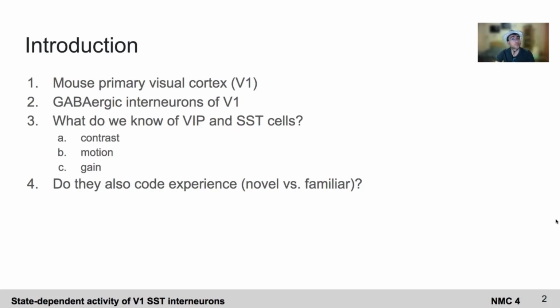And usually they're better in low contrast. The VIP and SST cells together have some kind of complementary contrast tuning. But aside from these, we want to know, do they also code experience, which means novelty or familiarity?